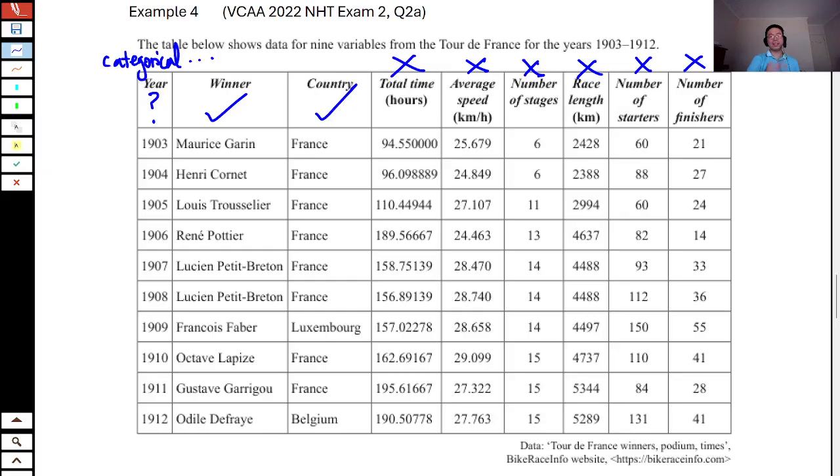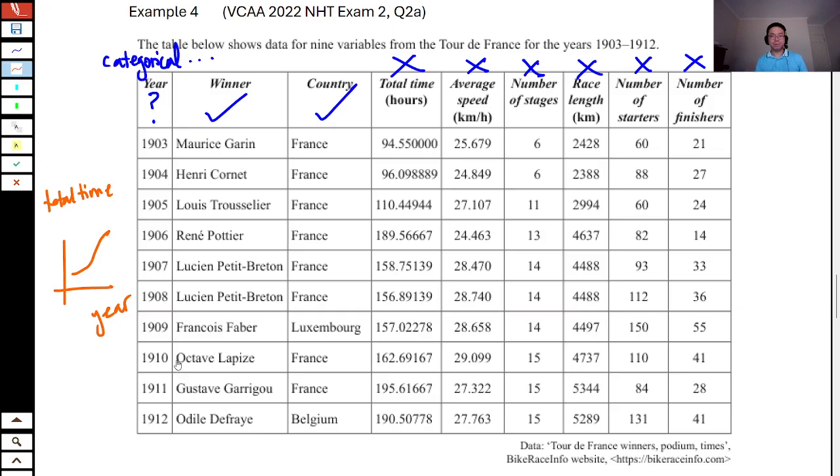However, if you did a different kind of analysis, where, for example, you drew a time series of total time versus year, one thing you'll immediately see is that it's going up over time. If I drew a time series, the assumption is that year is a numerical variable.